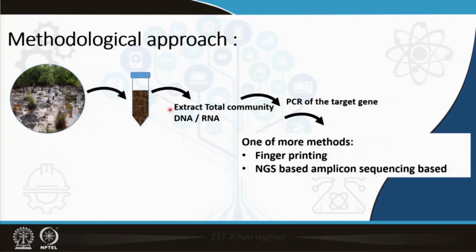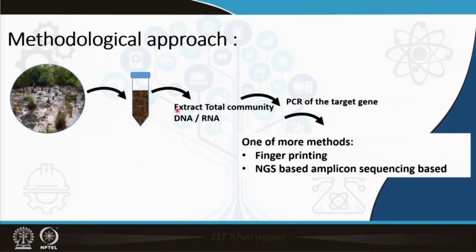And then extraction of the total community DNA or RNA. Now, when it is said that the extraction of total community DNA and RNA, it is to be understood that it intrinsically refers to the point that all the cells present within this sample are lysed and their DNA and, if required, the RNA are obtained, and a mixture of this nucleic acid is obtained.